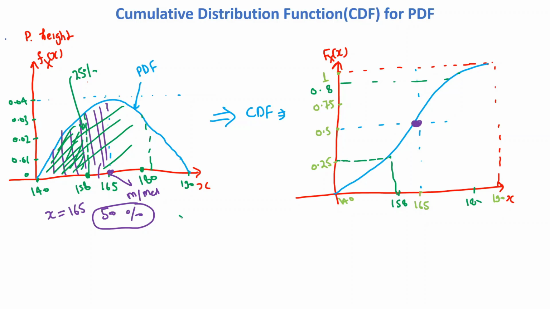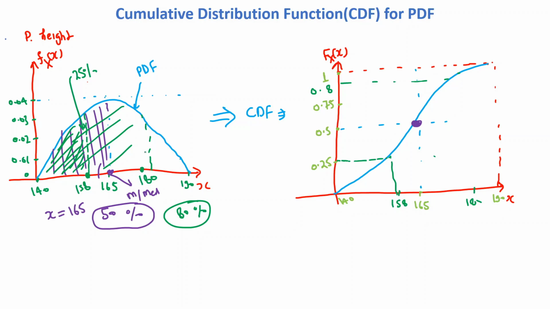We can say that 80% area is covered. So by using the cumulative distribution function, we can get the corresponding area. Like at 180, the total area covered will be 80% in this particular graph.